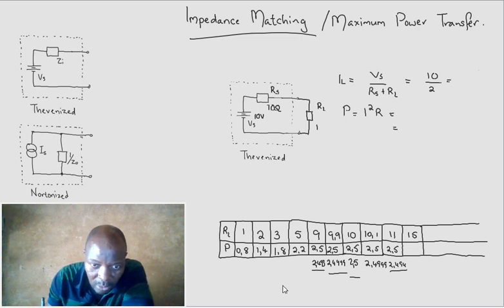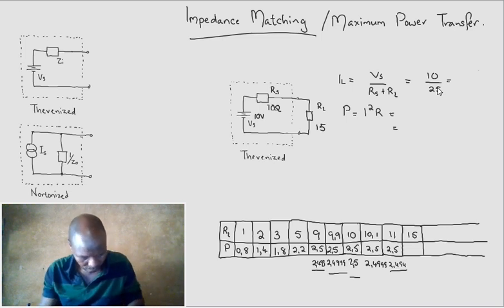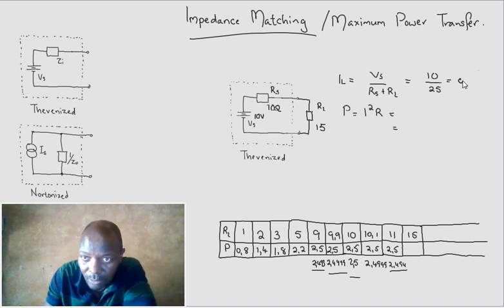Now you see 10 and 15 is going to give us 25. 10 over 25 is equal to 0.4, right? 0.4 squared in our formula times 15.